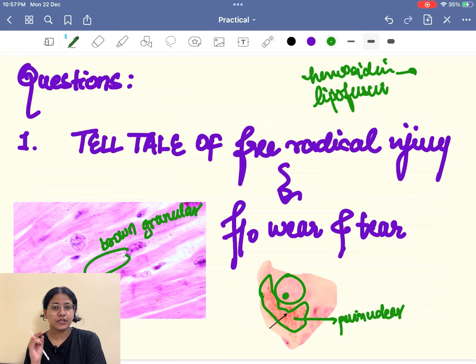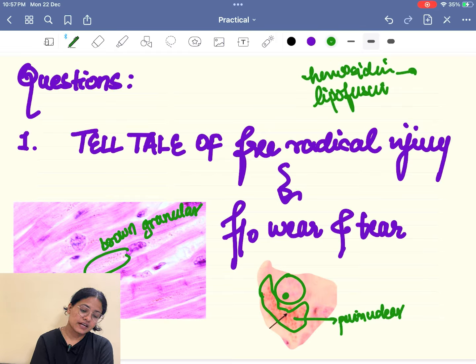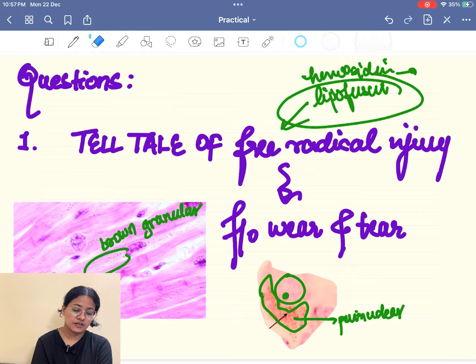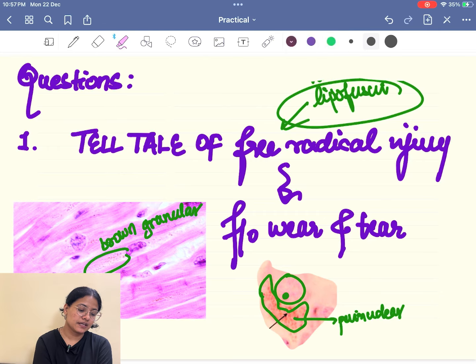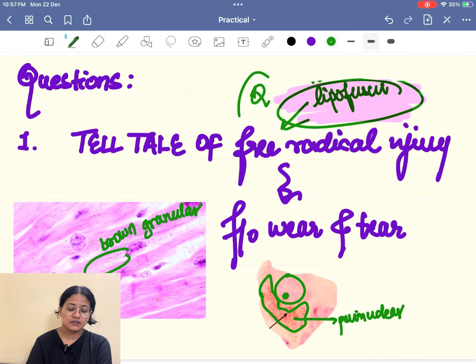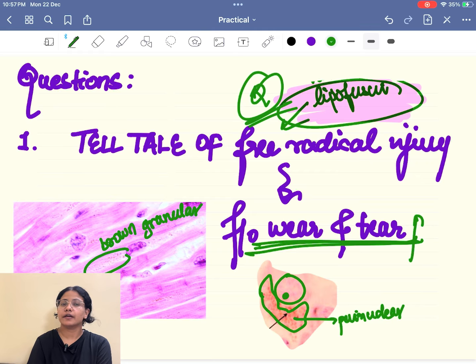Hemosiderin will usually be golden brown with coarse granules, associated with old hemorrhages, and seen in macrophages. But the telltale of free radical injury, you have to remember, is lipofuscin. It has been asked multiple times and is quite important, and it is also known as wear and tear pigment. Okay, so this is lipofuscin.